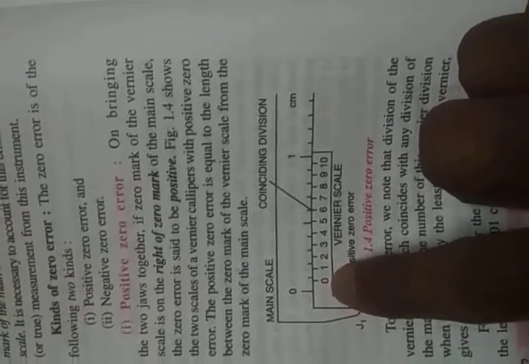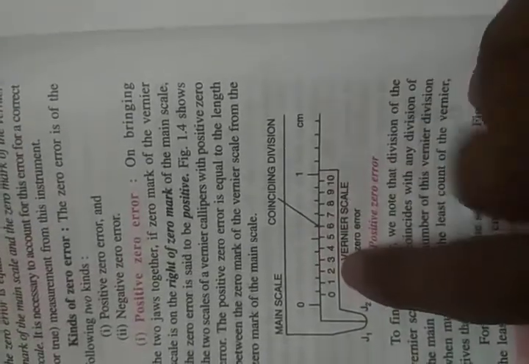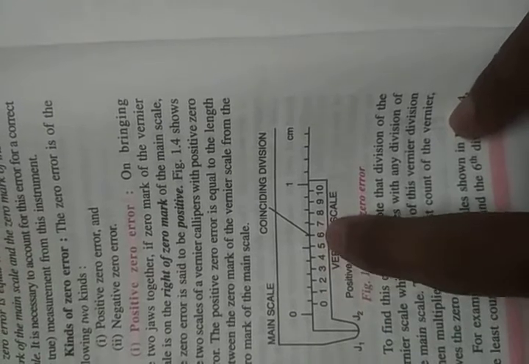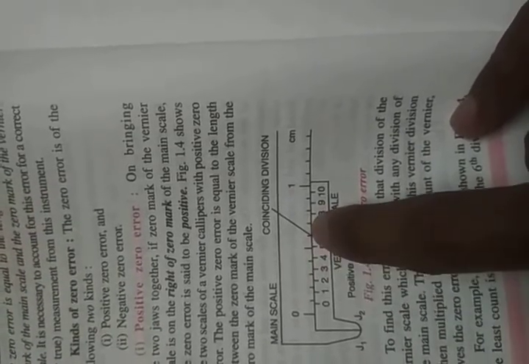How to correct zero error? Suppose you have a positive zero error. How to calculate the zero error? Look at that. As the vernier zero is on the right side of the main zero, there is a positive zero error. What amount of zero error is there? How to calculate that? In the vernier scale, the 6th division is exactly matching with the main scale.